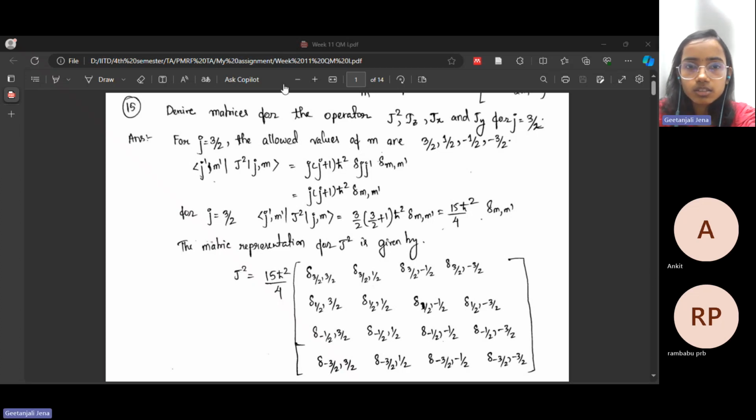Can anyone please confirm whether my screen is visible or not? Okay. Sorry for today. Actually, my tab is not working, so I have to show the solution using my laptop.